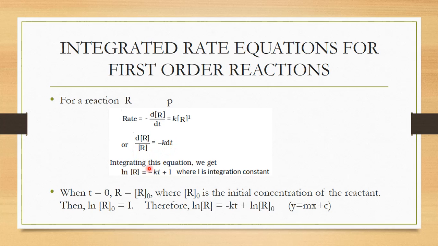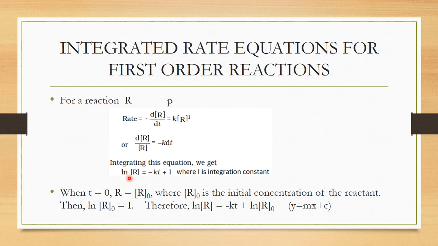Now again integrating this equation, we get natural log of [R] is equal to minus kt plus I, where I is the integration constant. When t is equal to 0, [R] will be written as [R]0, where [R]0 is considered as the initial concentration of the reactant.